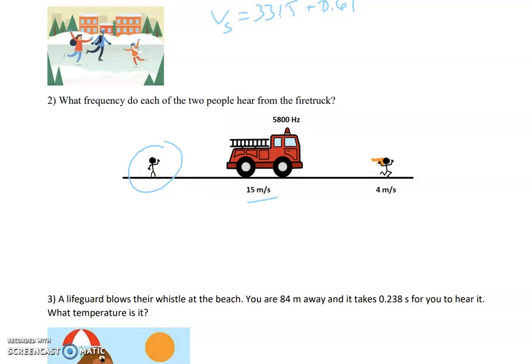Sure, he's running at 4, but the truck is going 15, so the truck is actually getting closer at 11 meters per second. So I'd want to add for this guy, as well as use a relative speed of 11 when I calculate the frequency. So for the guy behind the truck, I should expect a frequency lower than 5800. And for the guy in front of the truck, I should expect a frequency higher than 5800.